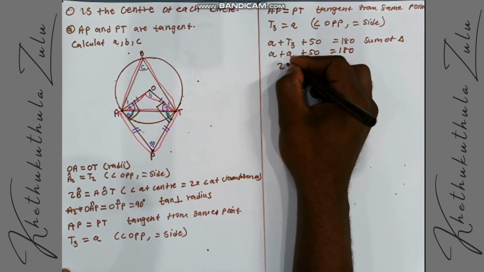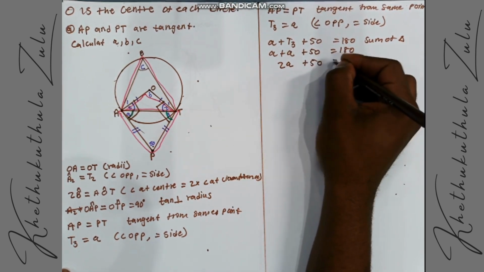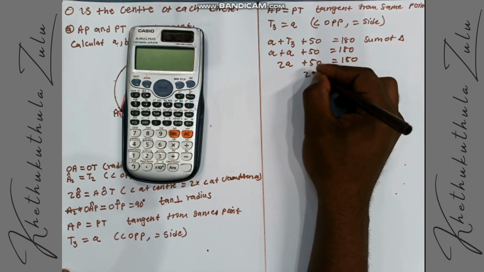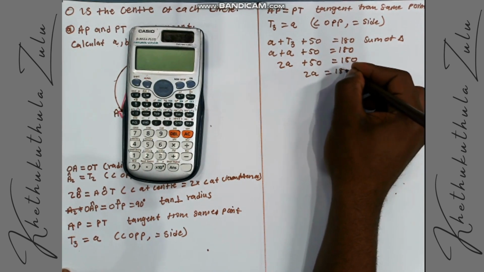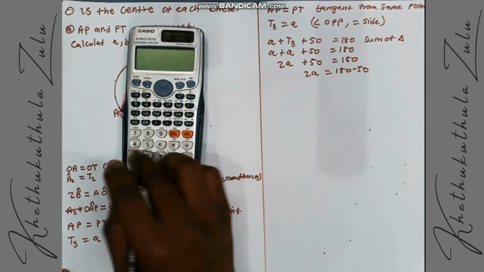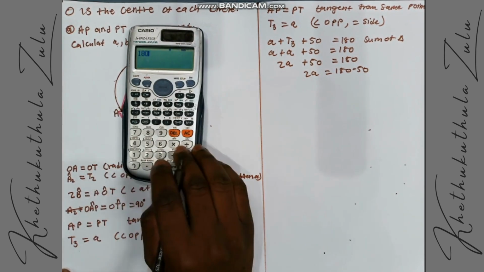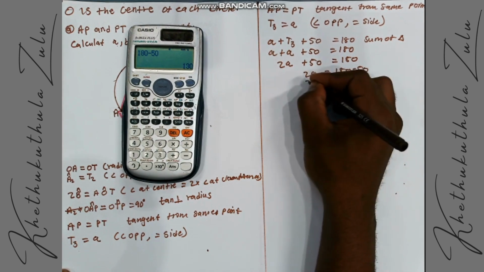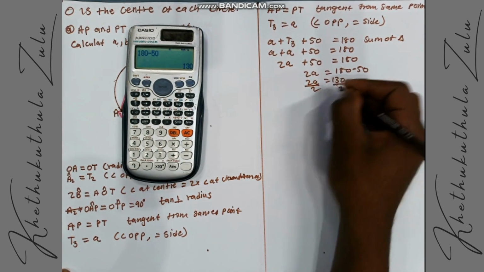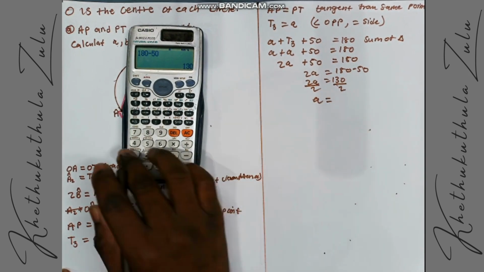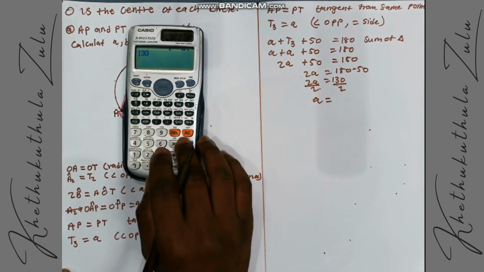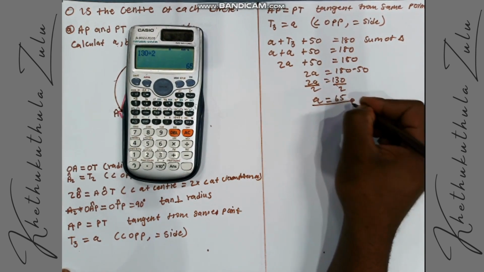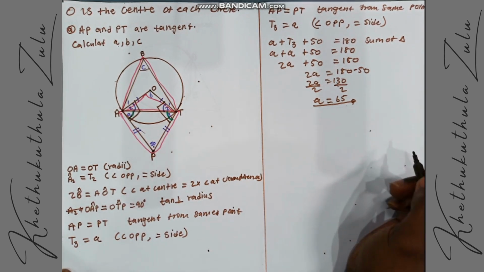A plus A is just 2A, plus 50 is equal to 180, then 2A is equal to 180 minus 50, which is 130. 2A divided by 2, then A is just 130 divided by 2, which is 65.